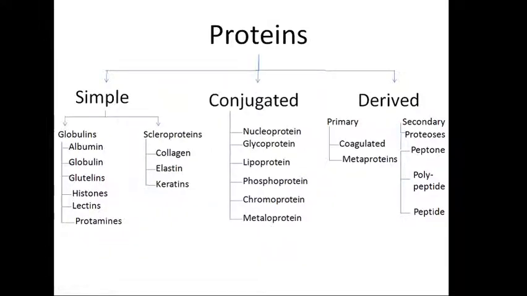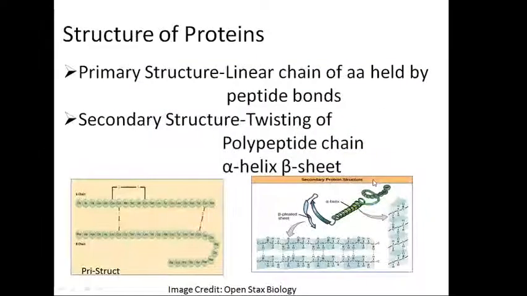They are composed of, again, the primary derived proteins, the coagulated proteins and the metaproteins, or the secondary derived proteins such as the peptones, the polypeptones and the peptides.